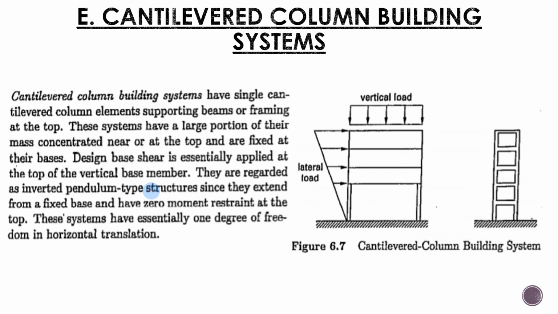So design base shear is essentially applied at the top of the vertical base member. They are regarded as inverted pendulum type structures since they extend from a fixed base and have zero moment restraint at the top. So this system have essentially 1 degree of freedom and horizontal translation.